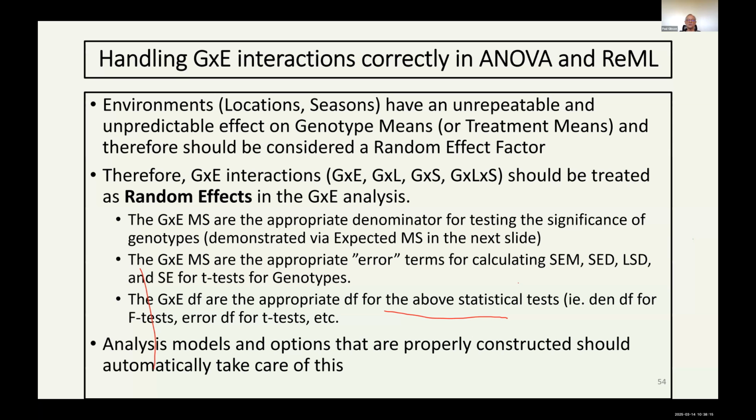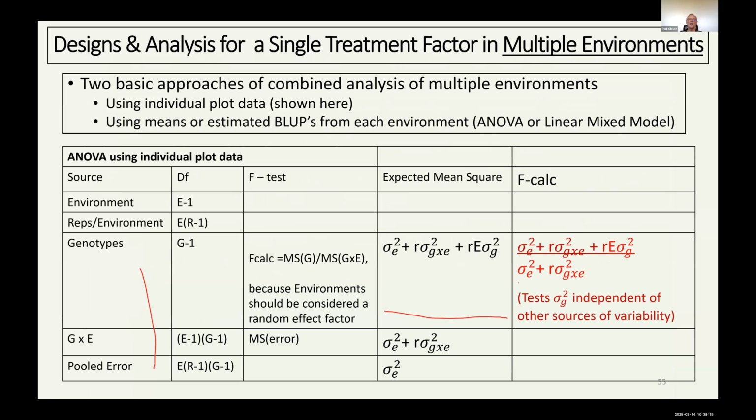Analysis models and options, if they're properly constructed, should automatically take care of this. And here I won't go into detail, but the point is that to test the genotype effect independent of other sources, it has to be divided by the G by E term.